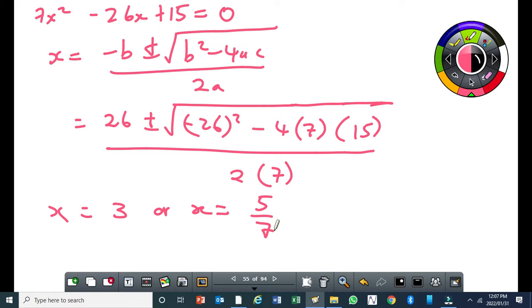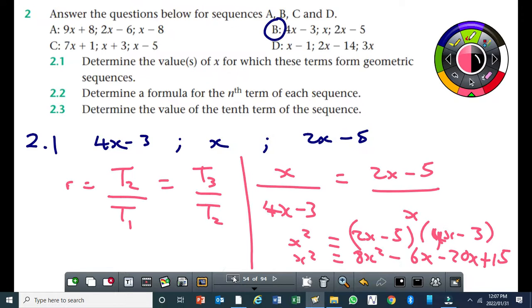Alright. Okay, listen. So, this is what you're supposed to have done. You get two values of x, which means you're most likely to get two sequences because you have two x values. So I've answered the first part of the question. Then the second part says, determine a formula for the nth term of each sequence.